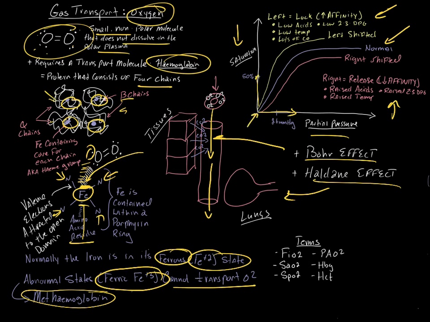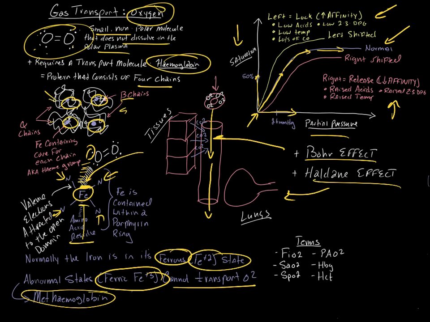And normally, hemoglobin has a very low affinity for oxygen until the first oxygen binds. And then as more and more oxygen binds, the affinity increases until we level off at around 100% saturated. And then, of course, it's fully saturated, and you can't get any more oxygen in the hemoglobin. You guys okay with that?